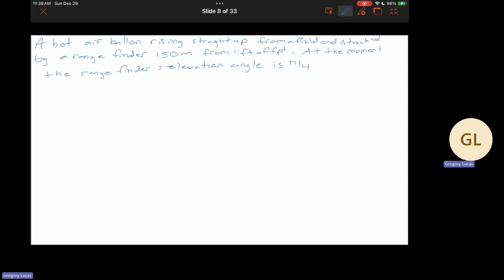The angle is increasing at a rate of 0.14 radians per minute. We want to know how fast the balloon is rising at that specific moment.